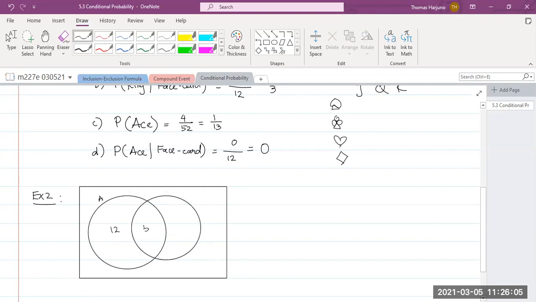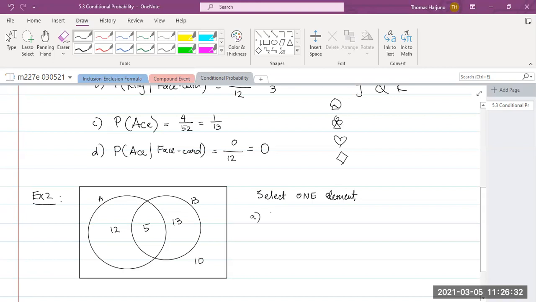There are 17 elements in A, 5 of them also in B. And there are 18 elements in B. A total of 40. Now select one element at random from that Venn diagram.